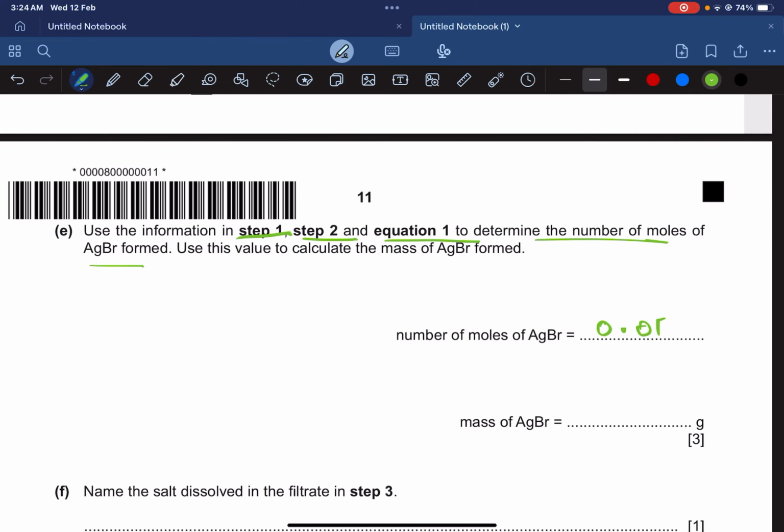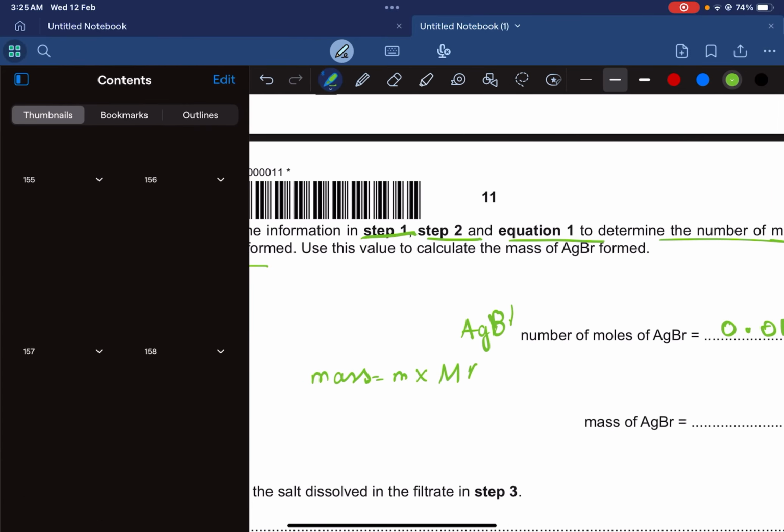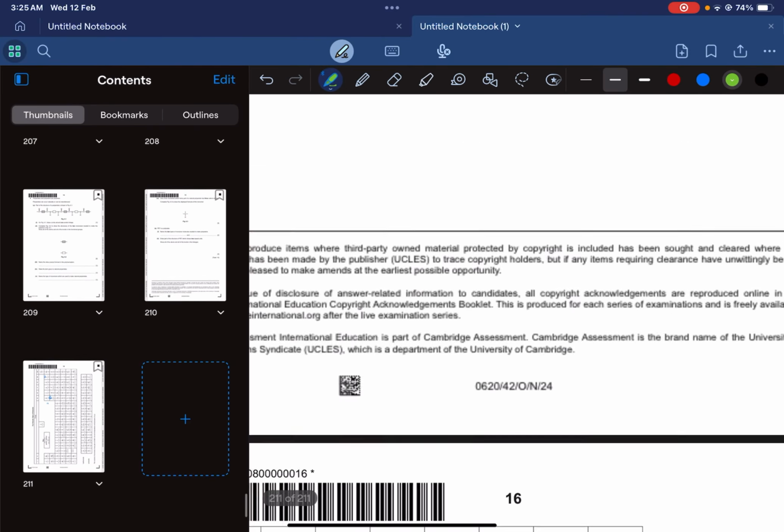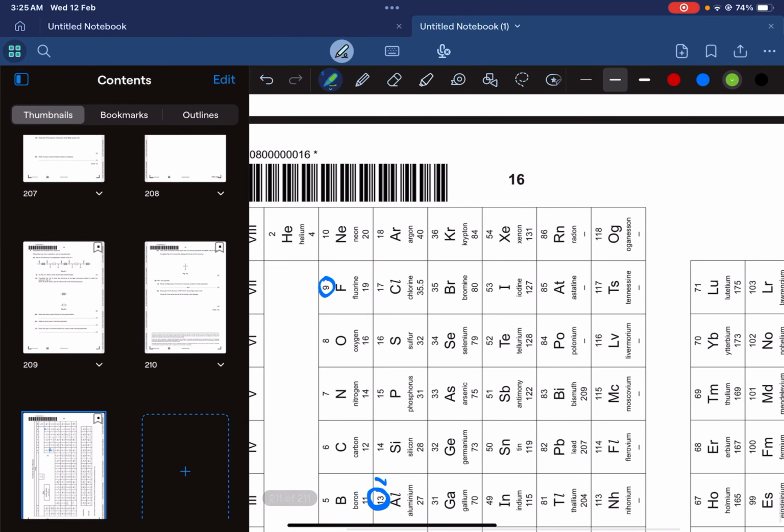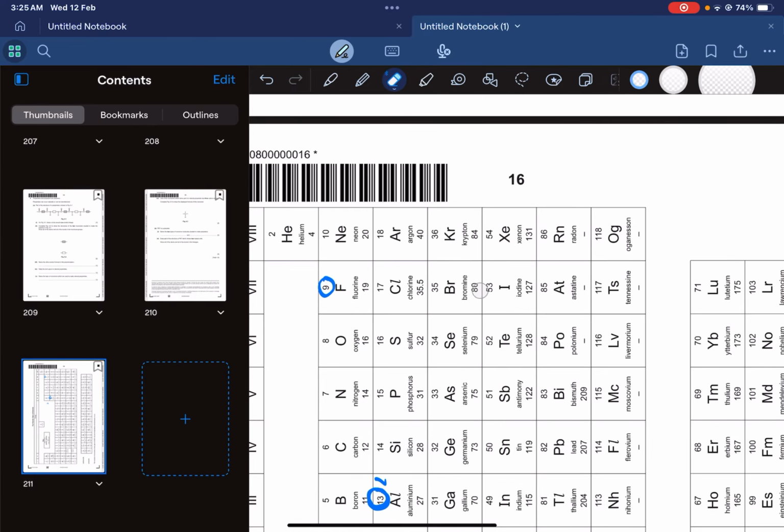The formula for mass is equal to moles times Mr. What is the Mr of AgBr? For that we have to consult the periodic table. We need the mass for Ag and Br. So for Br it's gonna be 80. Let's circle it out here.